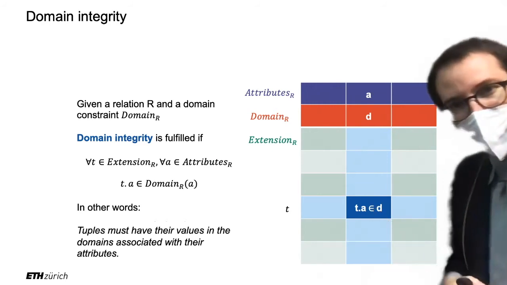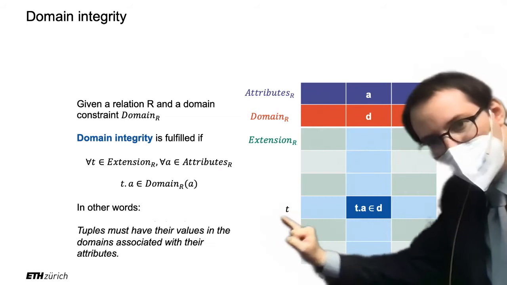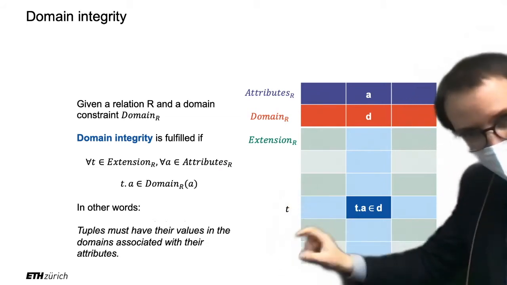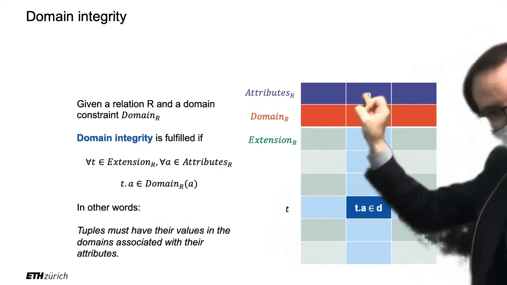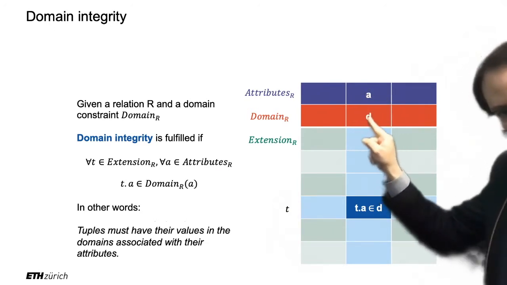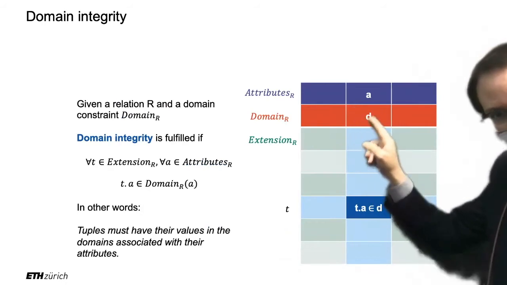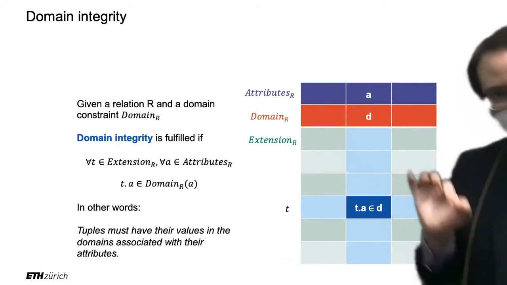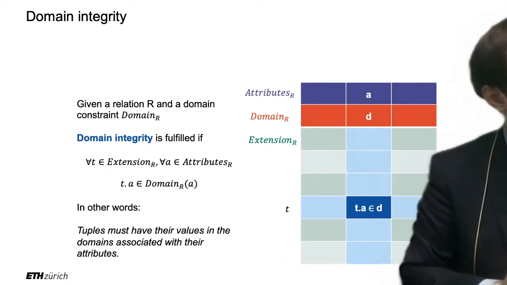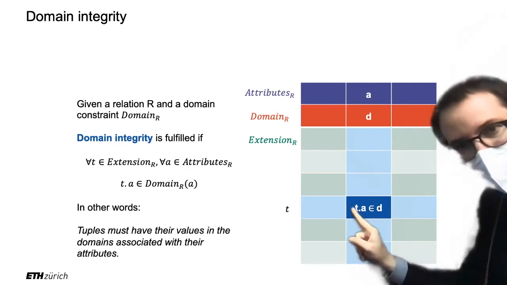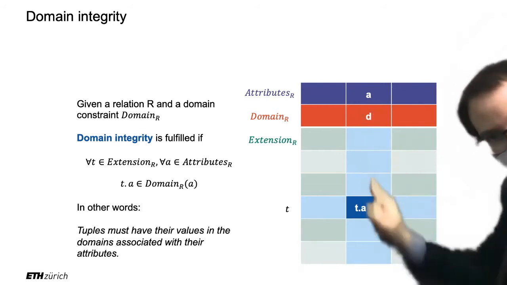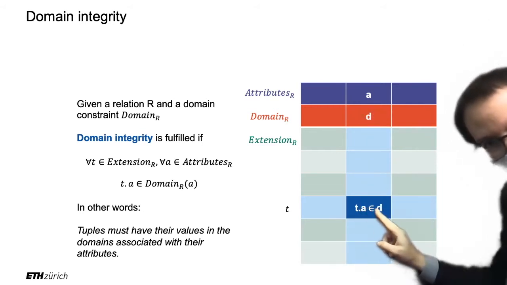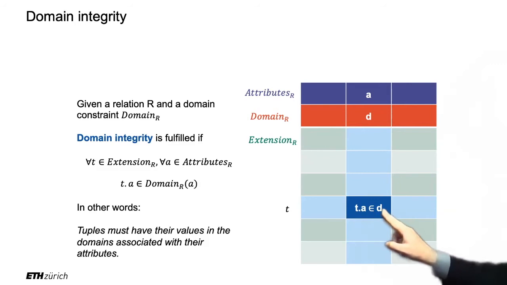In other words, formally, what you ask is that if you have a tuple or a record or a row, whatever you call it, T, and if you have an attribute A that is associated with the domain D within my schema, the question I am formally asking is: T point A, which would be the value in there, is T point A in my domain D? That's the question I'm asking.